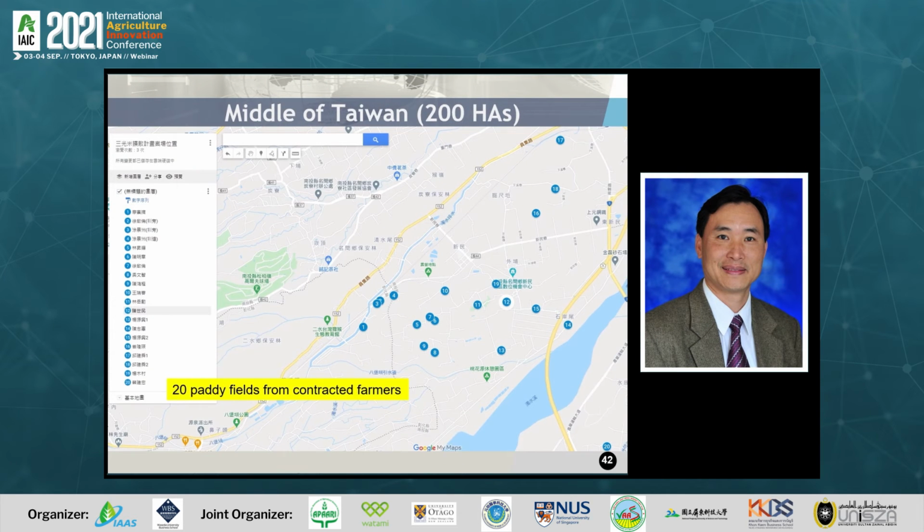And in the middle of Taiwan, we cooperate with a farmer who has about 200 acres. Currently, we install the weather stations and the soil sensors in 20 contract farmers' paddy fields.